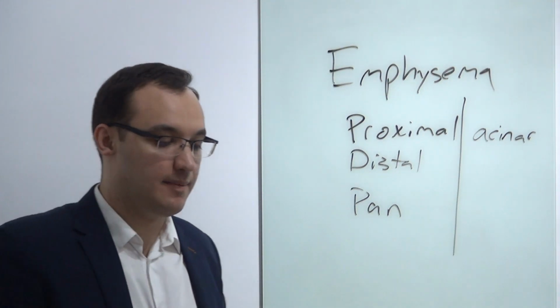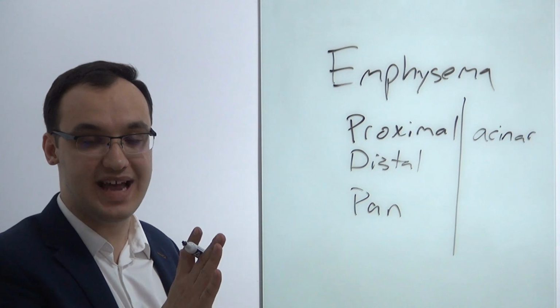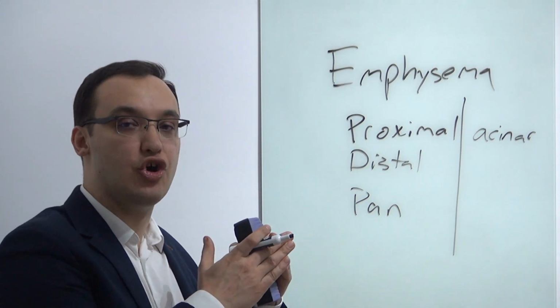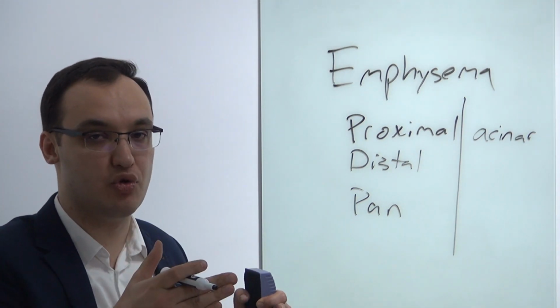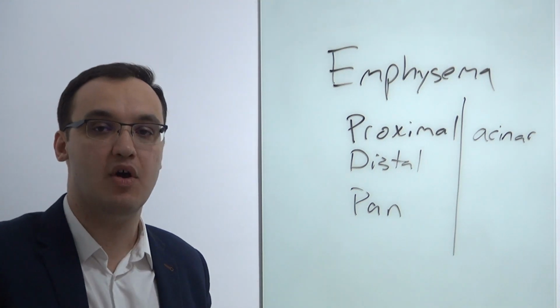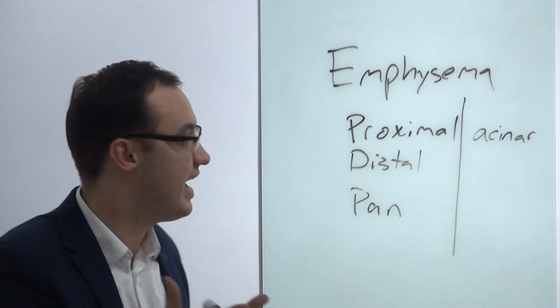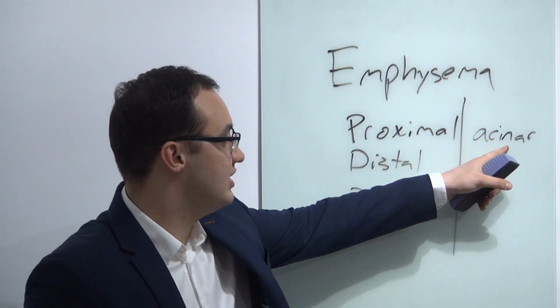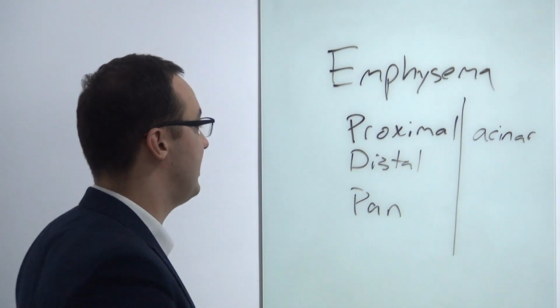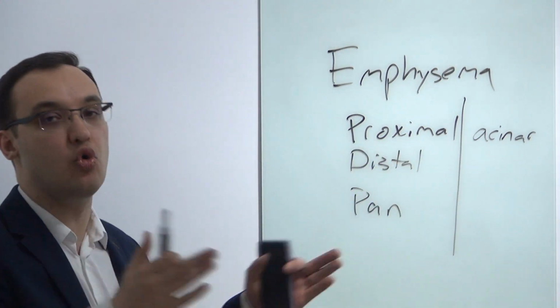We said that emphysema is damaging the area distal to the terminal bronchioles, and we said that this is called the acinus, and the acinus consists of ducts, sacs, and alveoli. The acinar part, we can affect the proximal one, the distal one, or pan, which means the whole part.